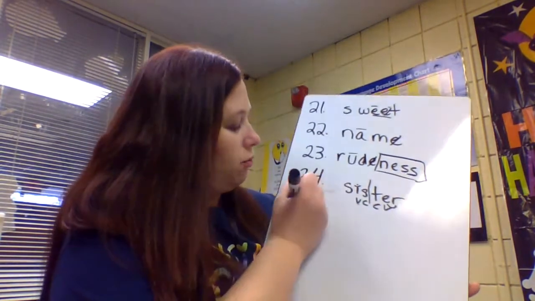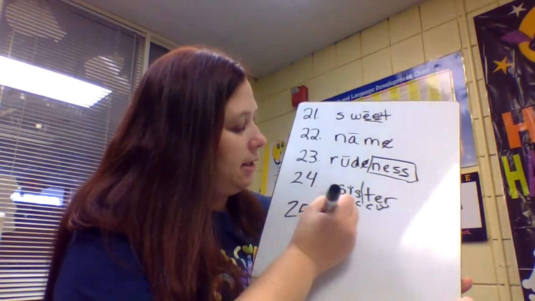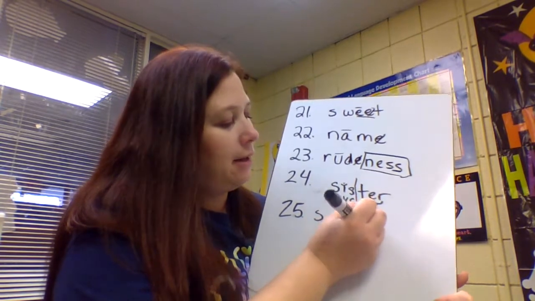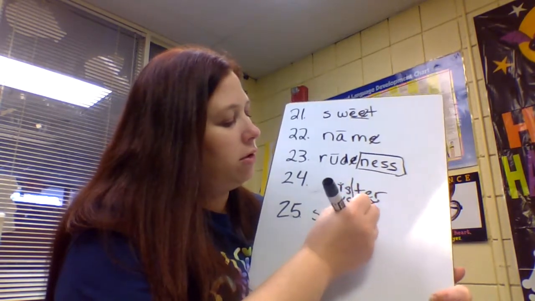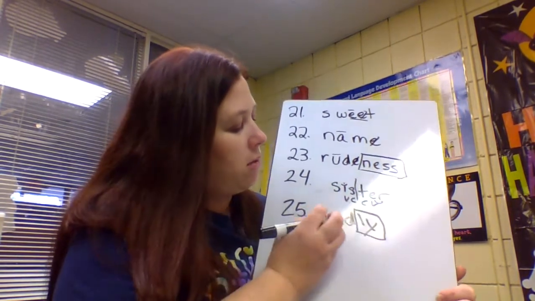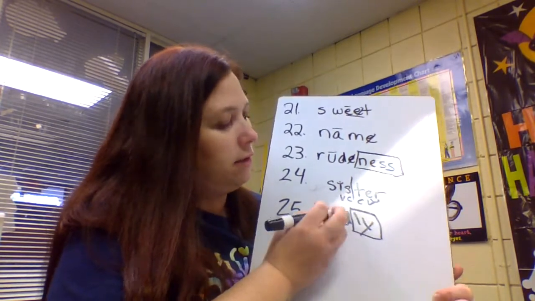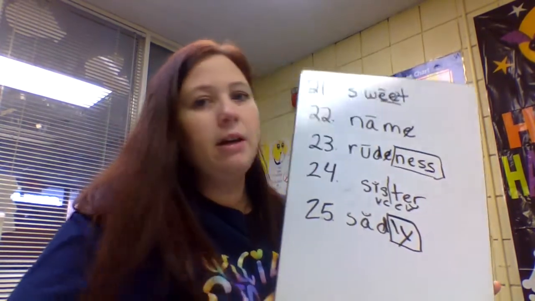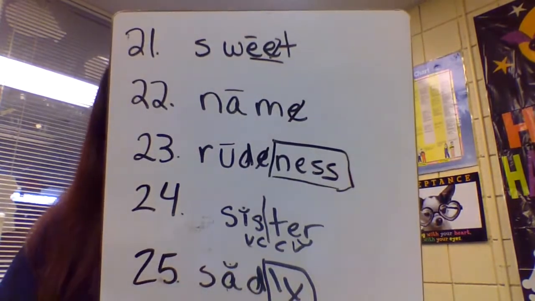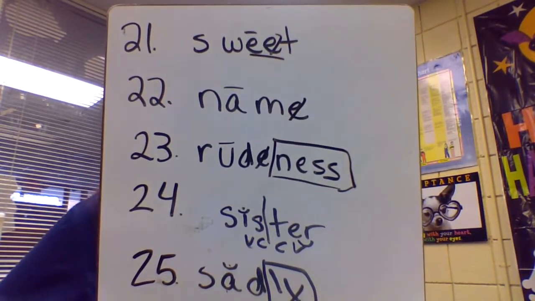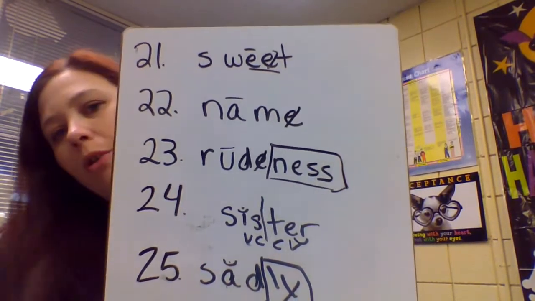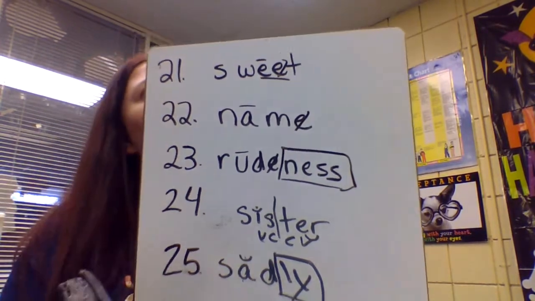All right, and number 25, sadly. Sadly, this is our last word. We're going to box off the ly, and then we just have vowel consonant, and it gets a breve. All right. Again, pause, get these written down. Look over to the side, and it shows you what we're going to try to be matching. So match that word to that picture.